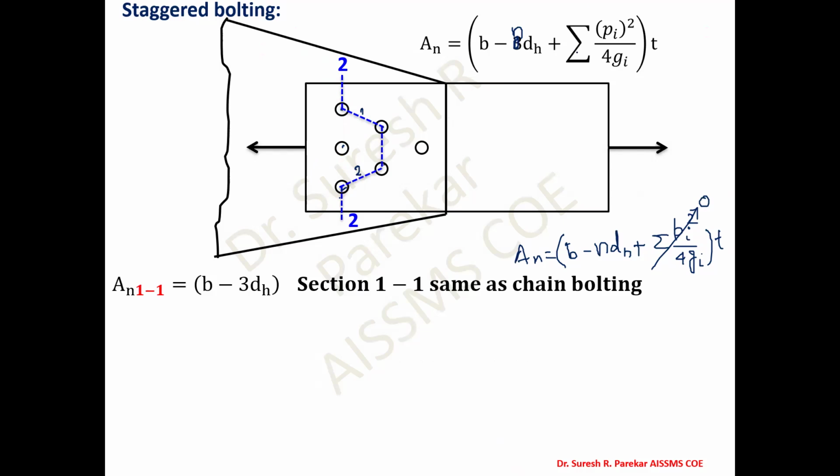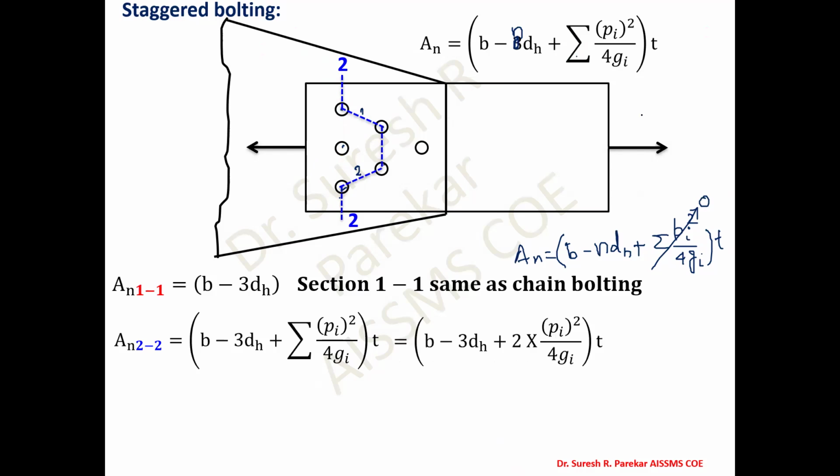So in this summation, we will have 2. This is our formula, and as we have 2 staggered portions, the summation becomes 2, into t. We have 4 bolts, so n should be 4, it is actually n d_h, and here we will have 4 into d_h.